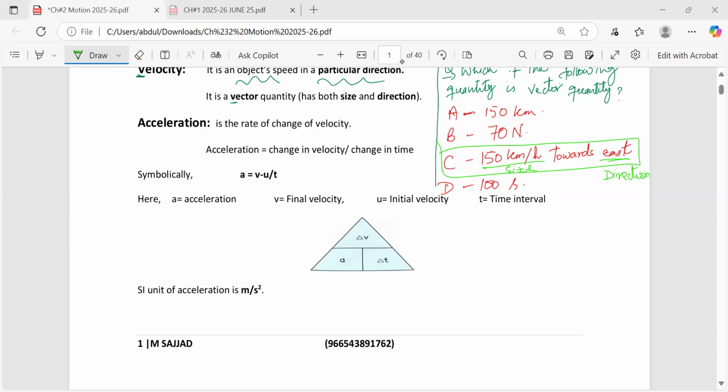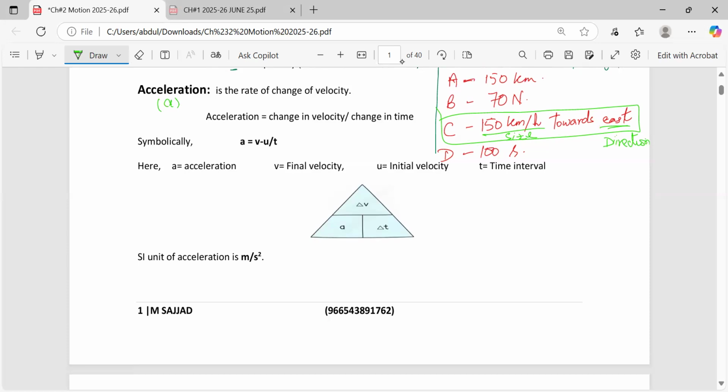Symbolically, it will be equal to V minus U over T, so a equals (v minus u) over t. Now, what is this? Small a is for acceleration. T is for time. V is the final velocity.